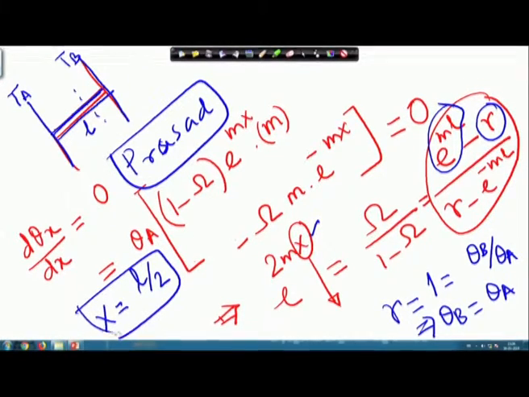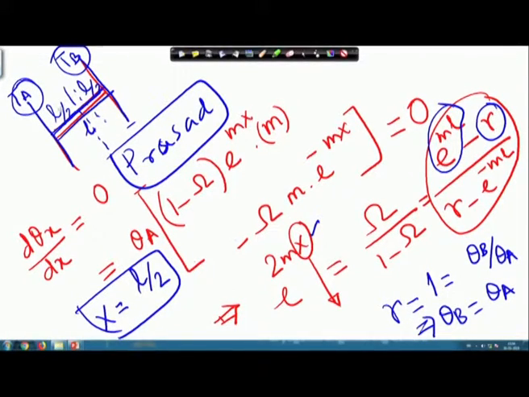So, that means when these two temperatures are equal, we have an extremum located at the middle, and that means we have L by 2 fin attached to this plate and L by 2 fin attached to this plate.